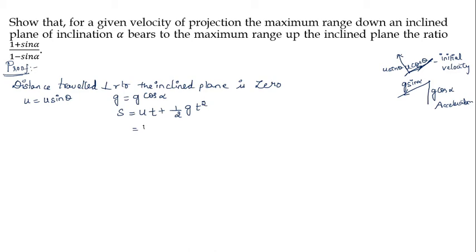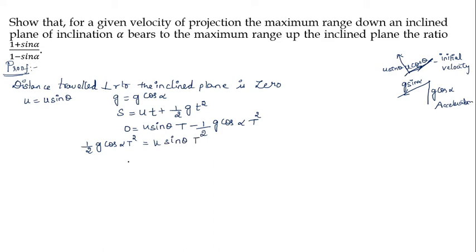So u is u sine theta and the distance is 0. So it is 0 equal to u sine theta into T, and gravitational force in the opposite direction, so it is minus half into g cos alpha t square. Now we are going to find t from this. When this negative half g cos alpha t square goes to the other side, it will be positive. So half into g cos alpha t square is equal to u sine theta into t.